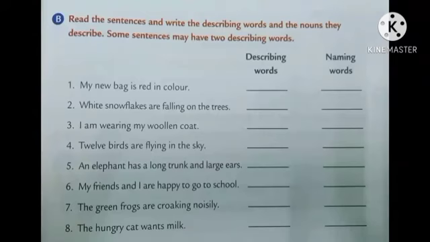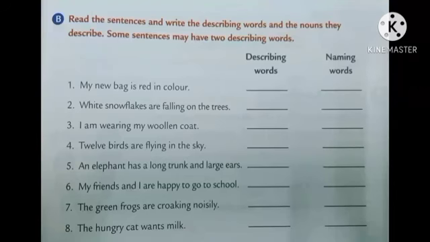Okay, you have to write the describing words over here and the nouns which the describing words describe over the naming words. Okay, children, you don't have to write all the nouns given in the sentences. You have to write only those nouns which are described, okay, by the describing words. Understood, children? So let's start with the first one.